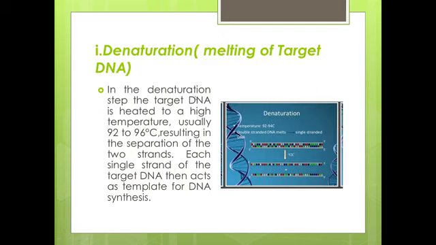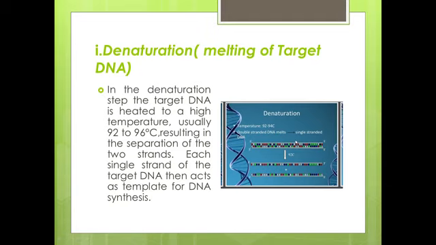Our first step is the denaturation. Denaturation is also called melting of target DNA. So the first step is that the DNA molecule, suppose here the DNA molecule, its orientation is: one strand is 5' to 3' and another strand is 3' to 5'. As you can see here, the first step is to heat it.